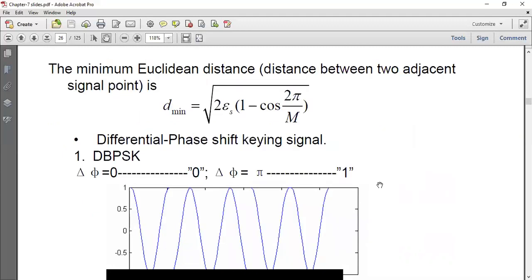Then there is another possibility, differential phase shift keying. Differential phase shift keying means that if the phase difference is 0, we use a 0 bit. If the phase difference is pi, then we take 1.